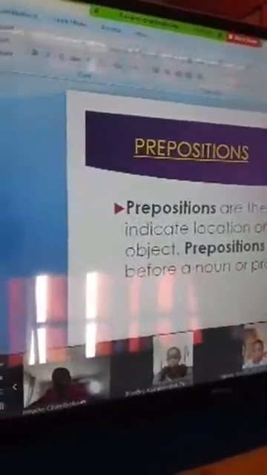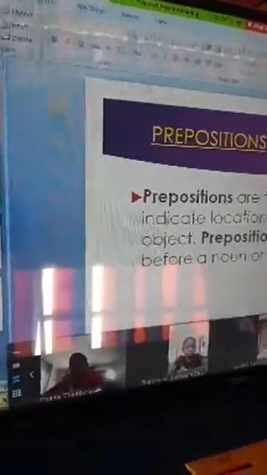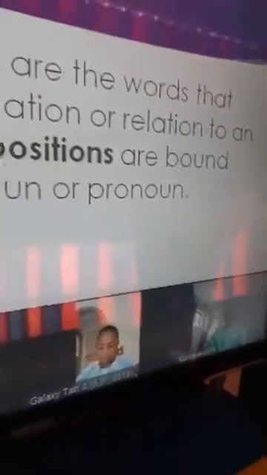You should also bear in mind that prepositions are placed before a noun. We have covered the topic also on nouns. Who still remembers what a noun is? A noun is the name. Yes, a noun is a name of something.